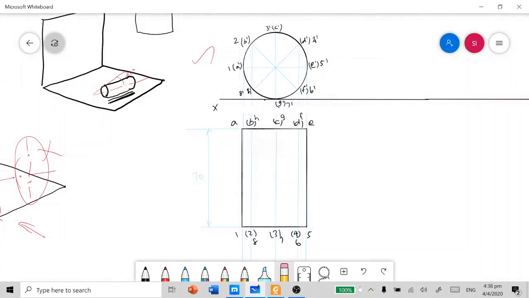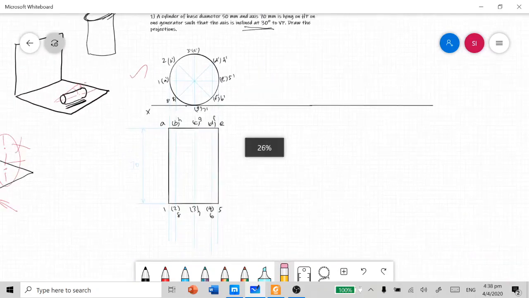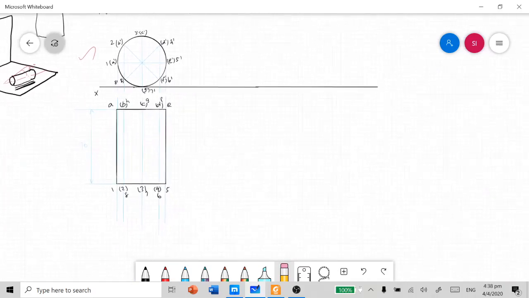For that, first I need to draw a pilot line at the inclination of 30 degree to VP in the top view area.